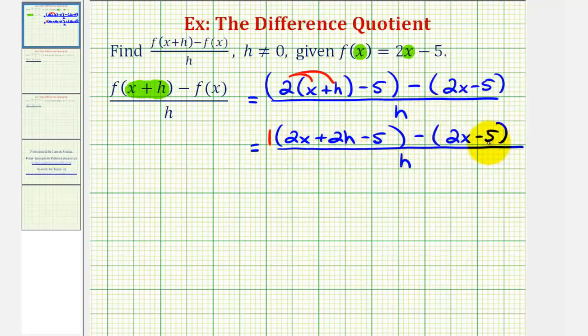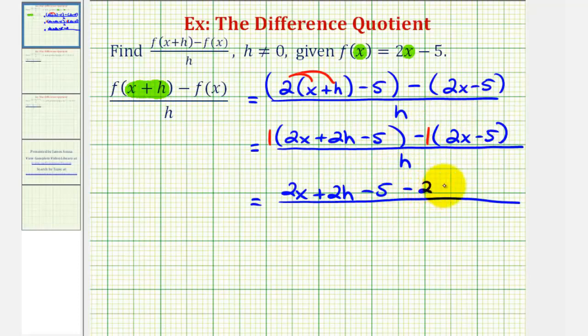But then for the second part, because of the subtraction, we can think of distributing negative 1, which will change the sign of each of these terms. So we'll have 2x plus 2h minus 5. And then distributing negative 1, that would give us minus 2x. And negative 1 times negative 5 is positive 5, so we have plus 5. So it is important that we have these parentheses here to make sure we subtract the entire function f of x.